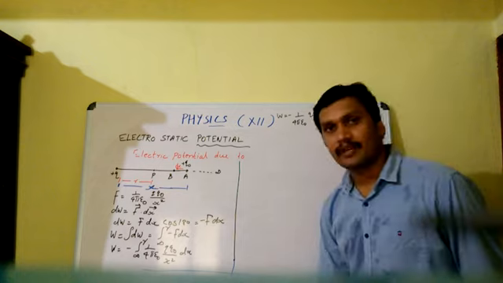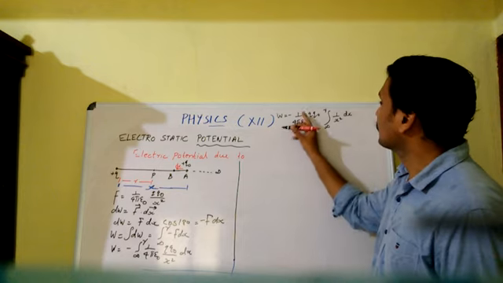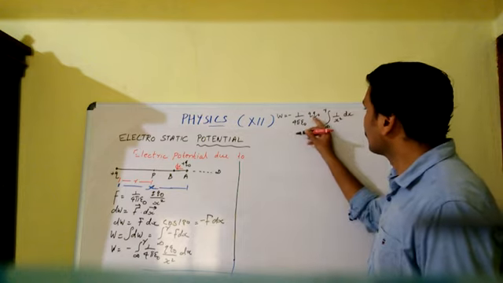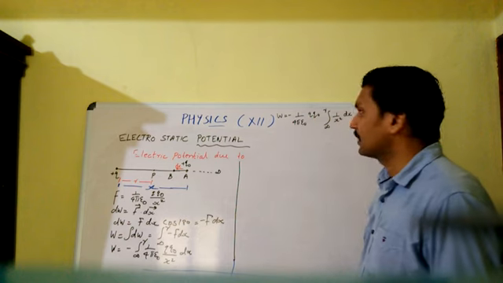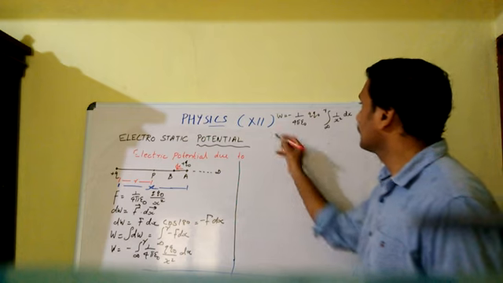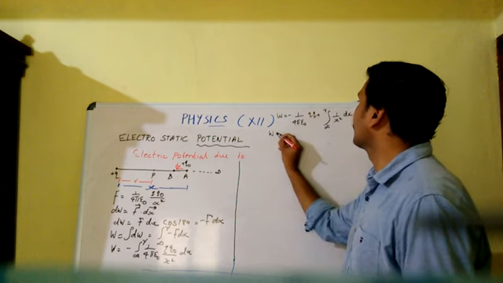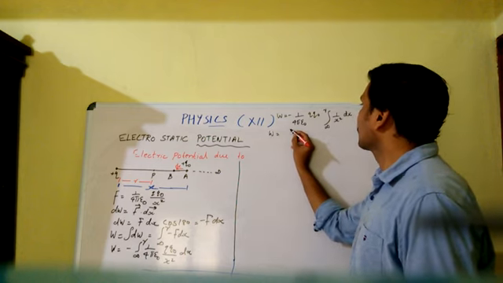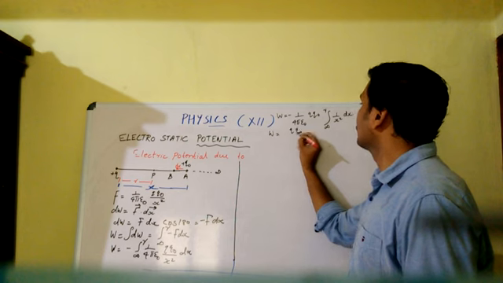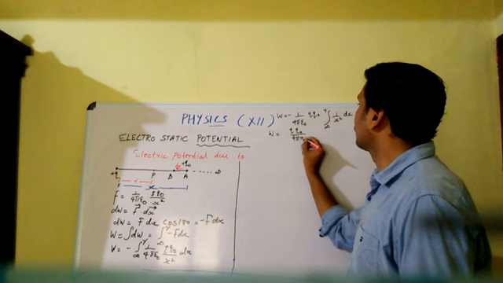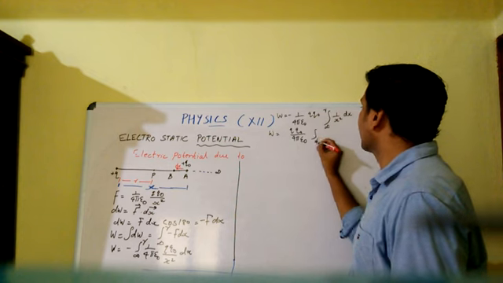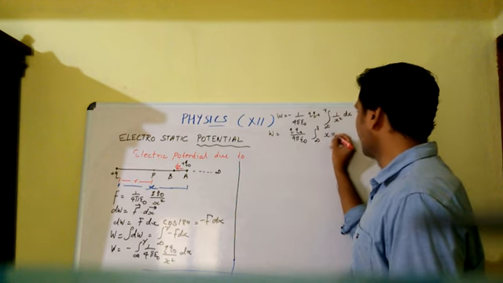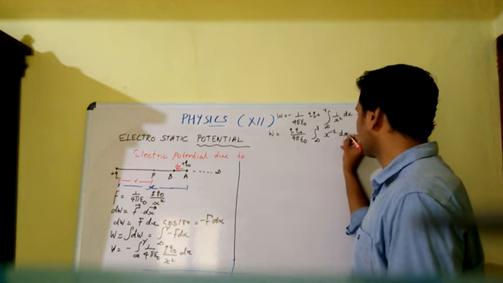That is, work is equal to Q Q0 upon 4 pi epsilon 0, times the integral from infinity to r of x raised to minus 2 dx.